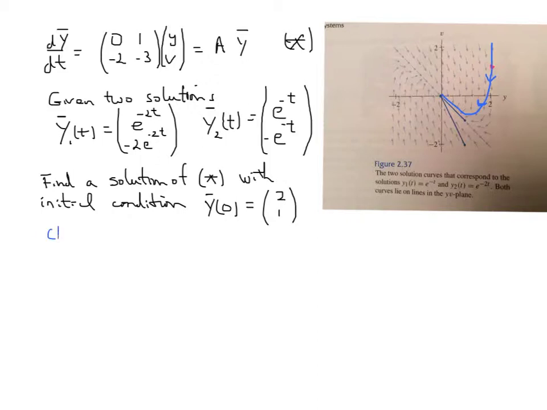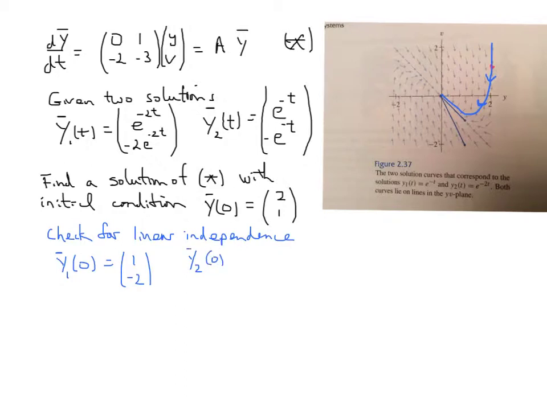And for that, we look at the two initial values of our two known solutions. We look at what y1 is at time 0. Plugging in 0, I get (1, -2). And what is y2 at time 0? Plugging in 0, I get (1, -1).